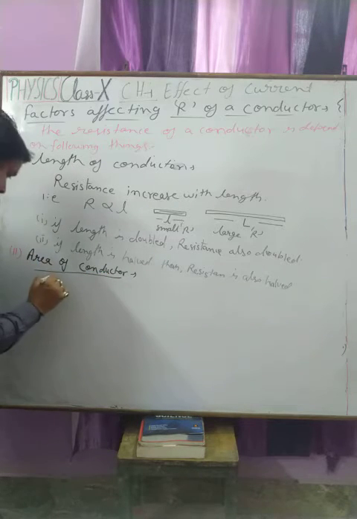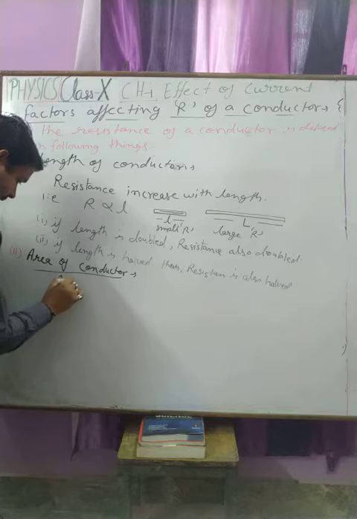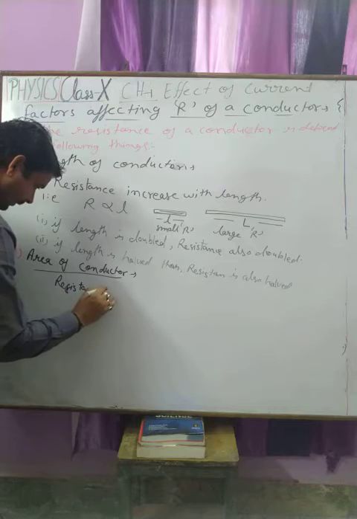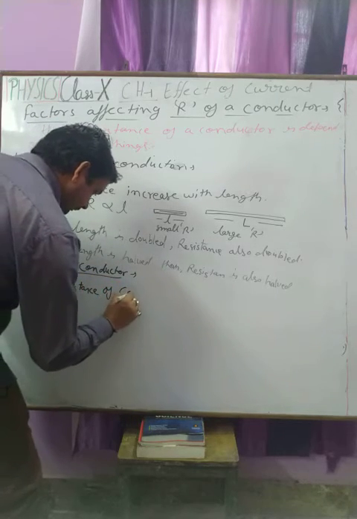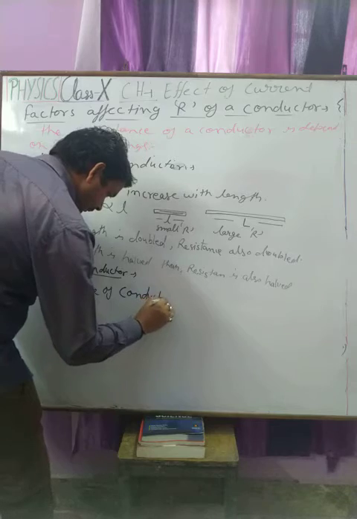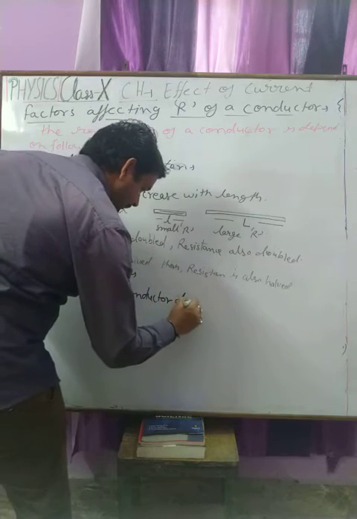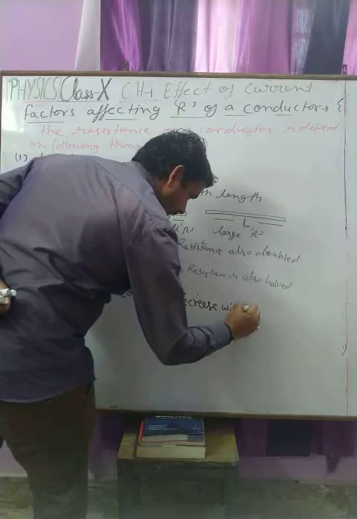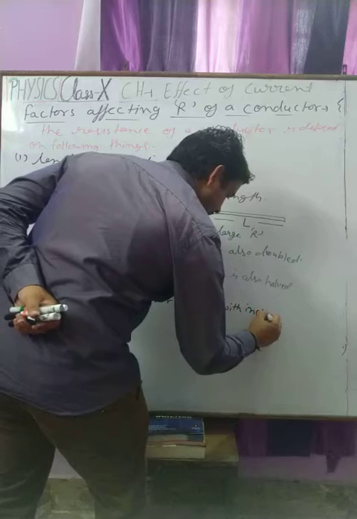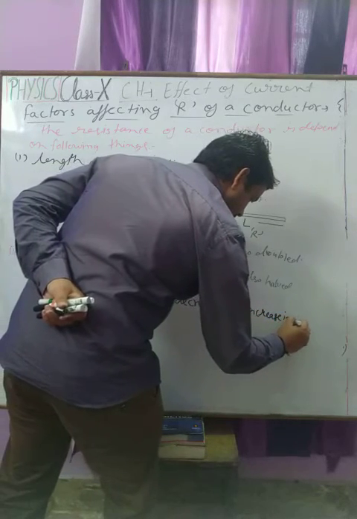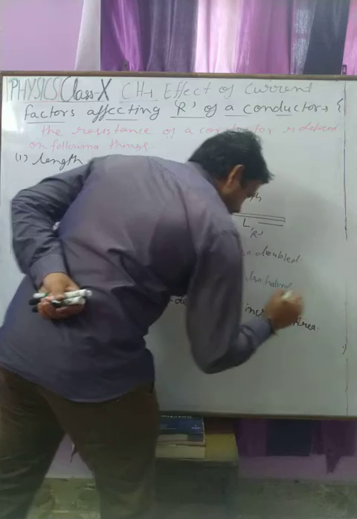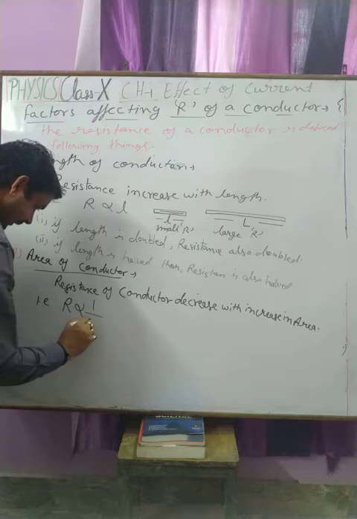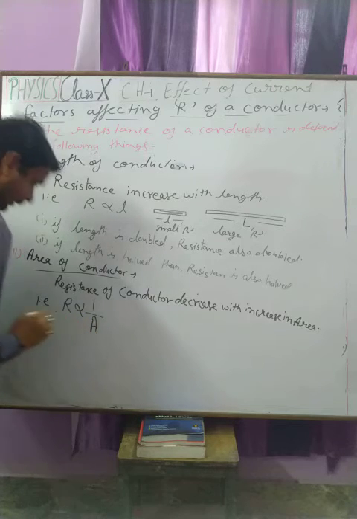It is observed that the resistance of a conductor decreases with increase in area. That is, the resistance of a conductor is inversely proportional to its area.